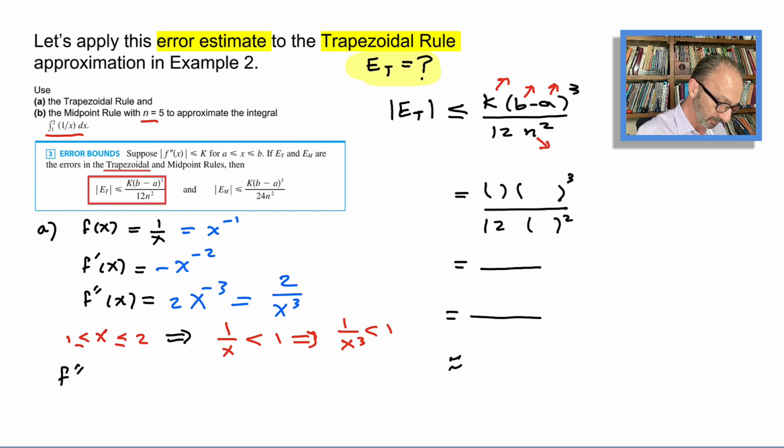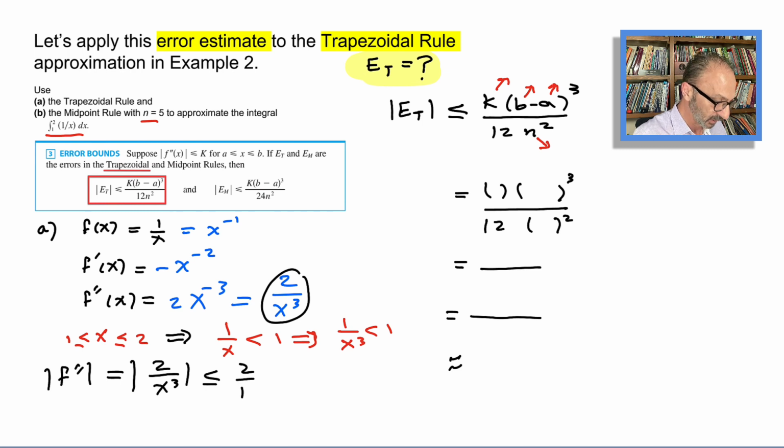f double prime, absolute value, equals 2 over x to the power 3 absolute value, which is less than or equal to 2 over 1. And that's what I have, 1 over x to the third less than 1. I used it, and that's 2.